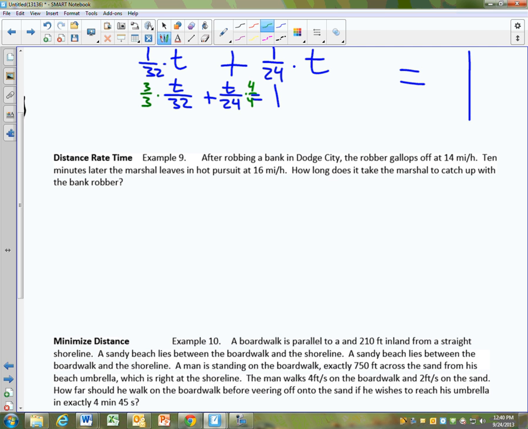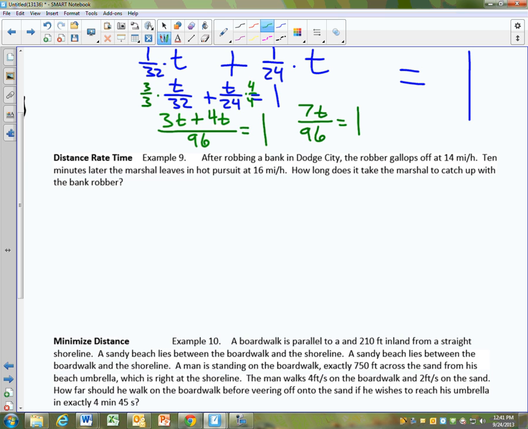So on the top we get 3t plus 4t all over 96 is equal to 1. Can we simplify the numerator? Yes. 7t over 96 is equal to 1.